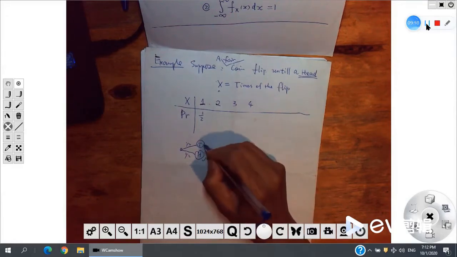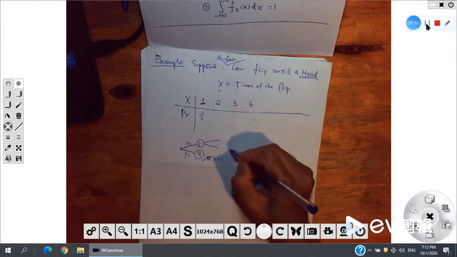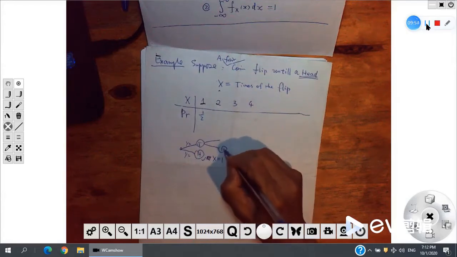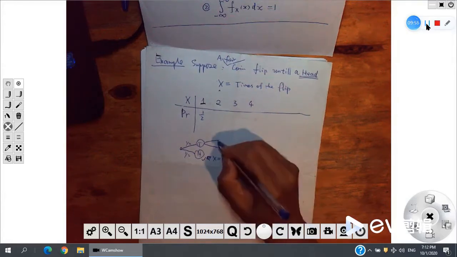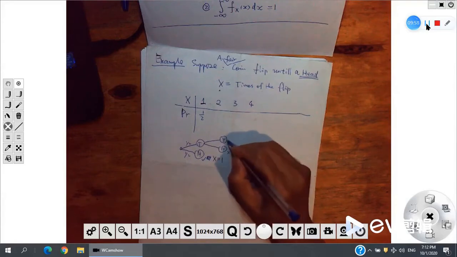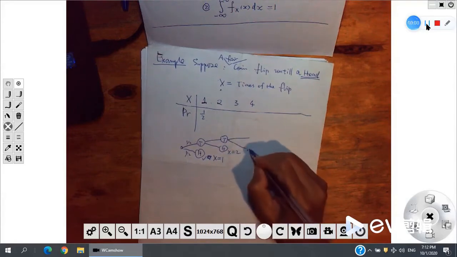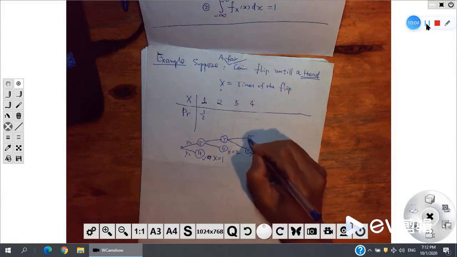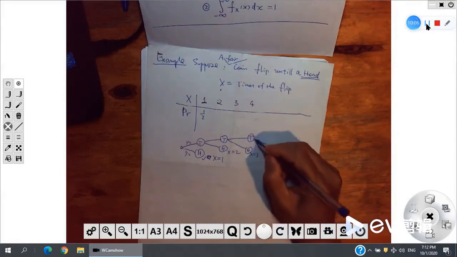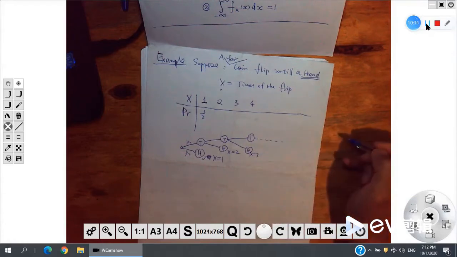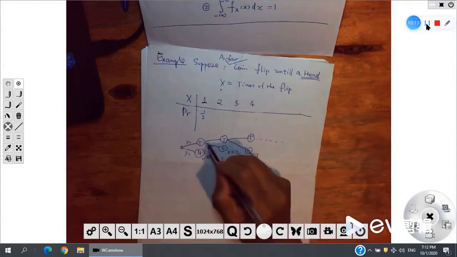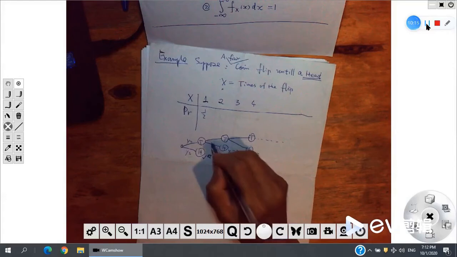And if you get tail, you will try again. You have head, you are good, X is 2. And if you have tail, you will try one more time. You have a head, okay, X is 3. And the other case is tail. Then you will keep working like this.